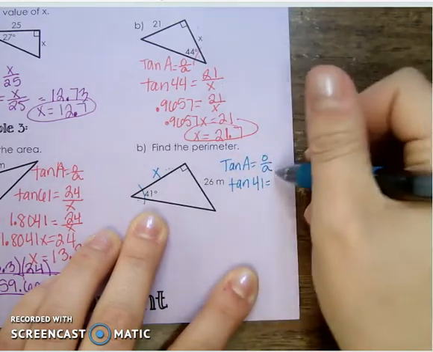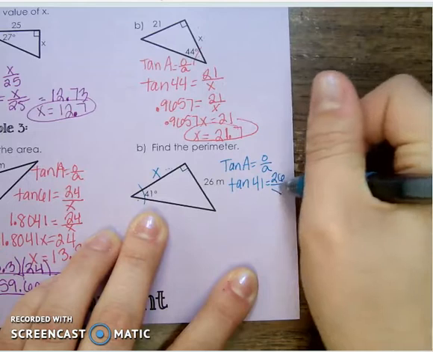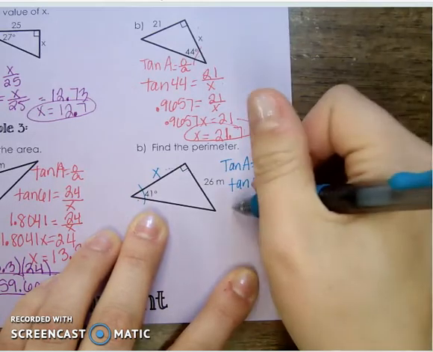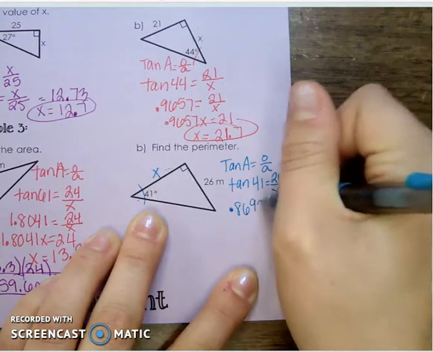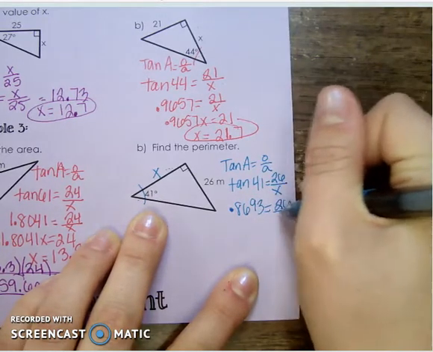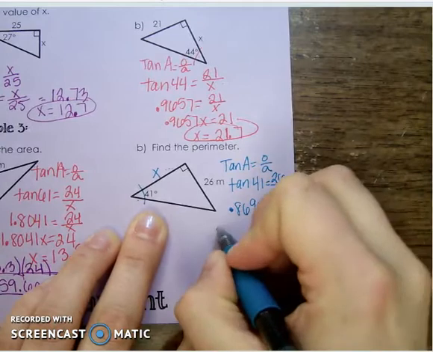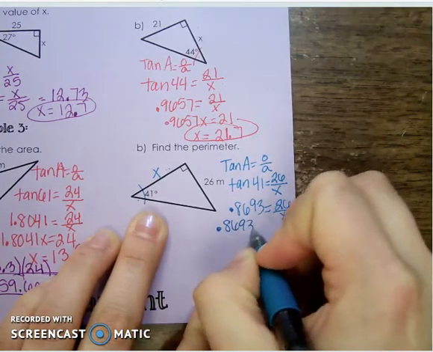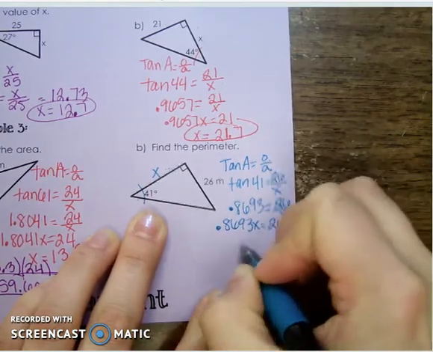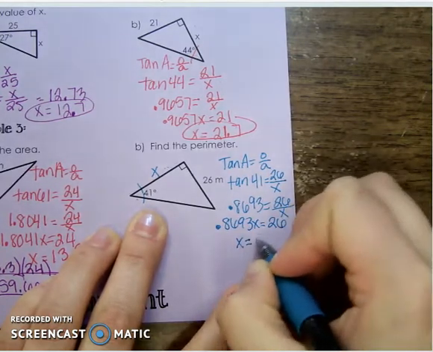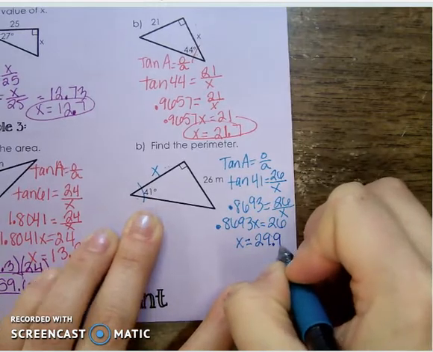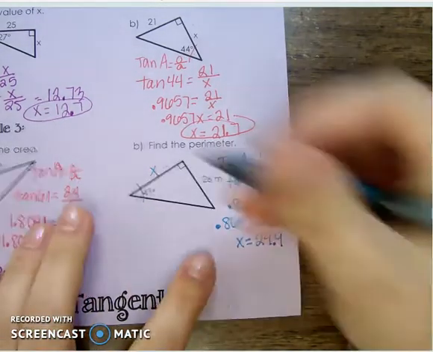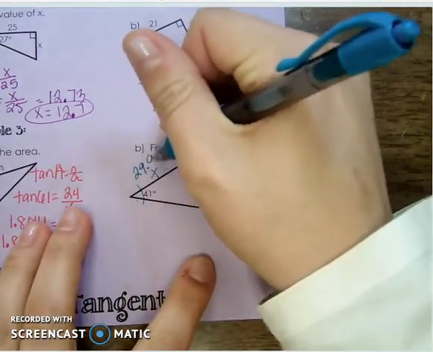So the opposite is 26 over x, 0.8693 equals 26 over x. Set up your proportion and divide. X is about 29.9. Good.